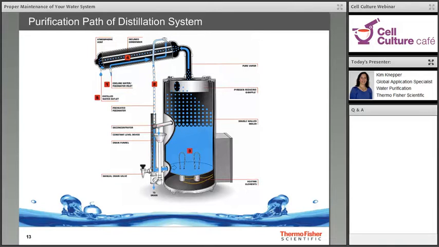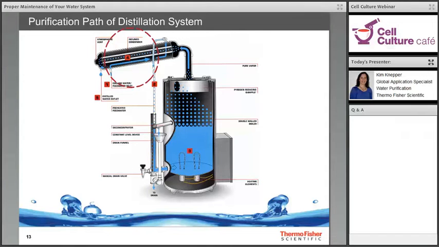This effectively removes endotoxins and increases the resistivity. And this allows only the pure vapor to pass into the condenser where it is cooled and condensed back into a liquid state. The distillate is then collected in a storage tank or a storage vessel.